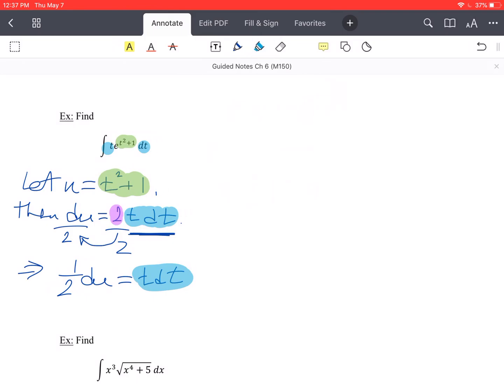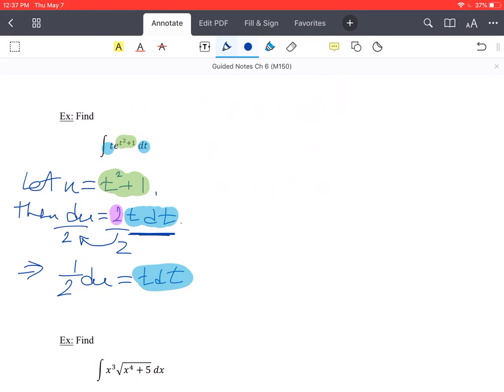Now, if we look at the substitution, t dt gets substituted for perfectly with the expression 1/2 du. So the bottom line here is that these derivatives, these expressions, can be off by a constant. In this case it was multiplied by 2, but there was no 2 up here in the integrand, so we needed to get rid of the 2. And we did that by just dividing it away.